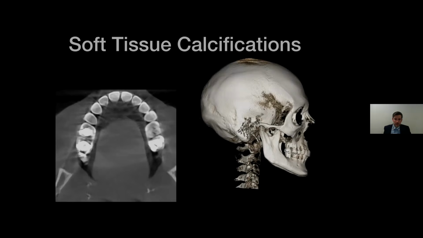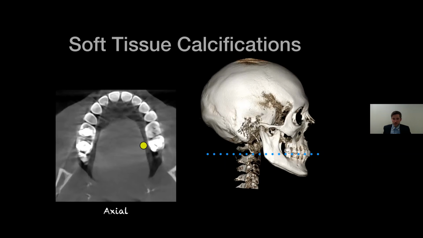And then we'll end it with soft tissue calcifications. Whenever I see a soft tissue calcification, I always ask myself, okay, where am I in space? Where am I in the soft tissue? That really helps hone your diagnosis for what this could be. This is an axial slice, okay? And we're at the level of occlusion.